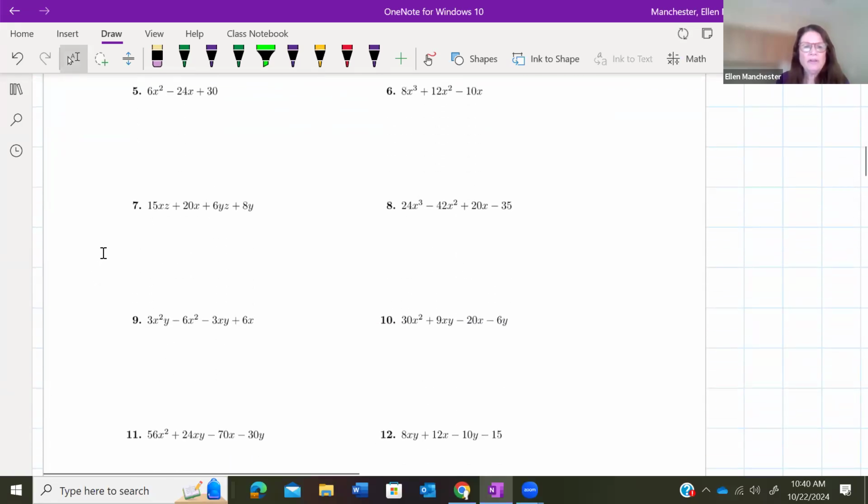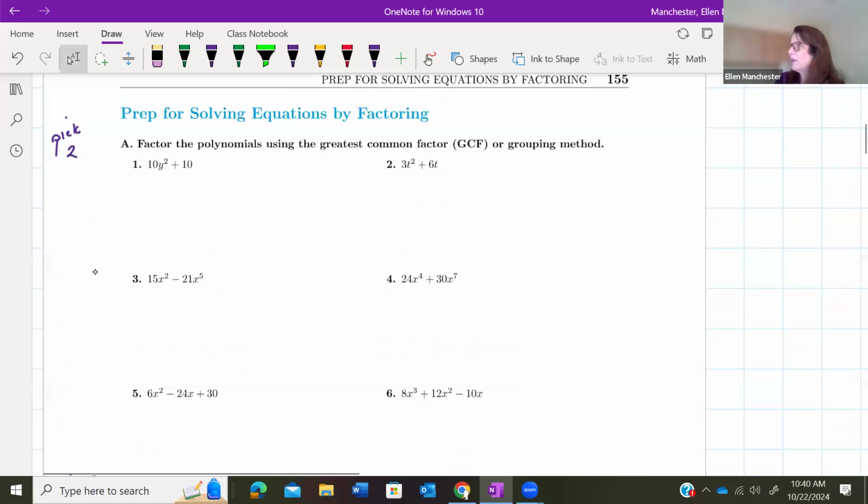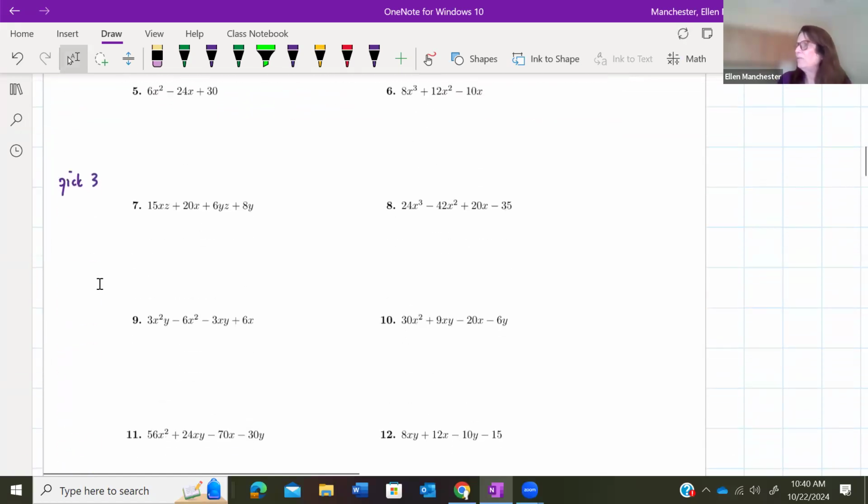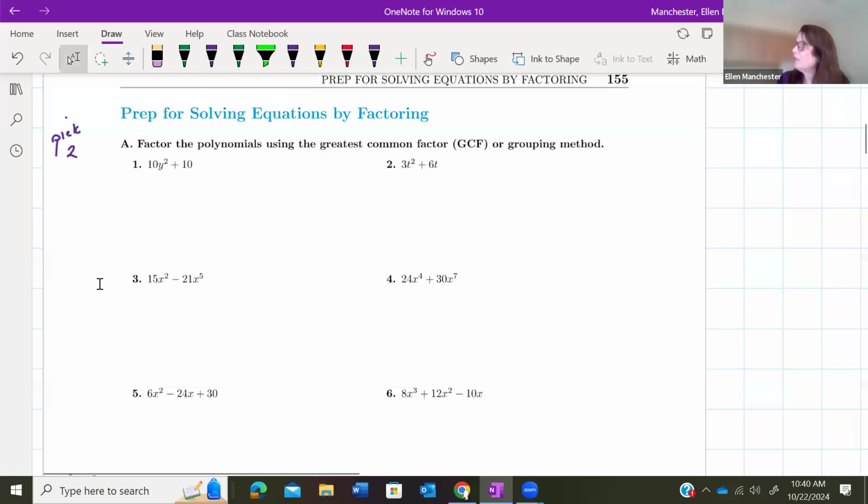And then from 7 to 12, I want you to pick 3. Okay, so from 1 to 6, pick any 2. 7 to 12, pick any 3. And I'm going to do all of them so you can check your work, so you can make sure that you're doing it correctly.